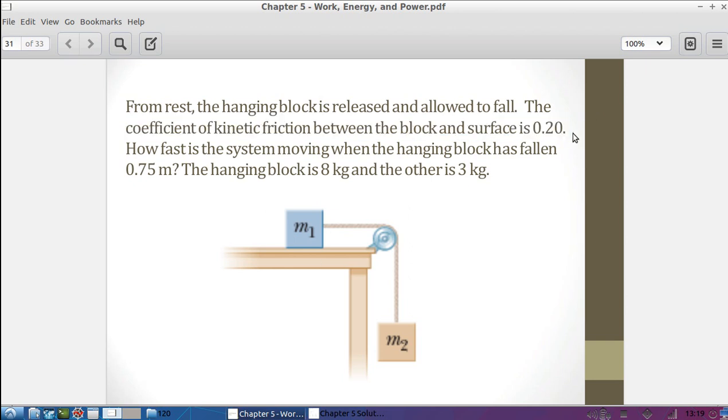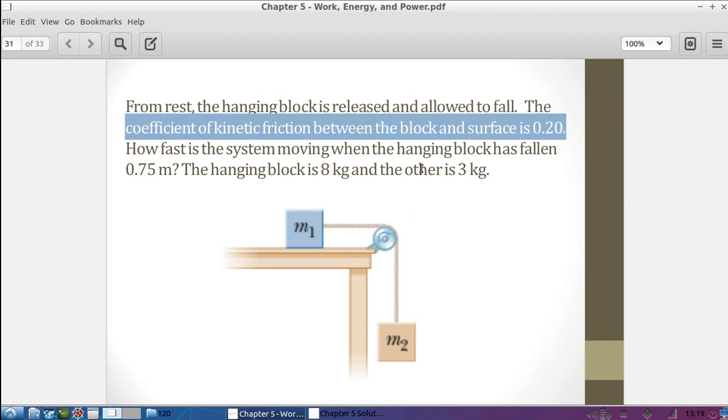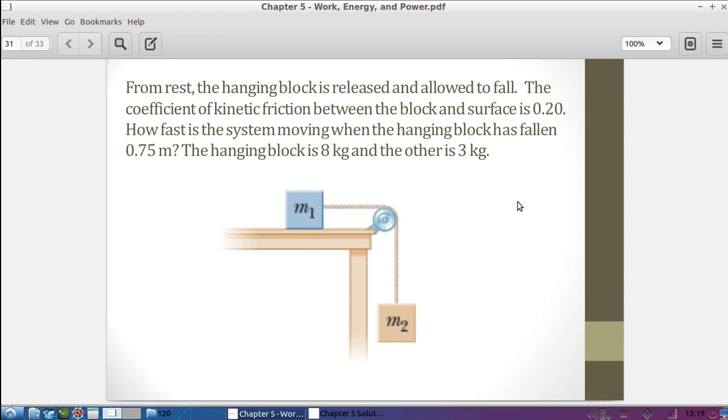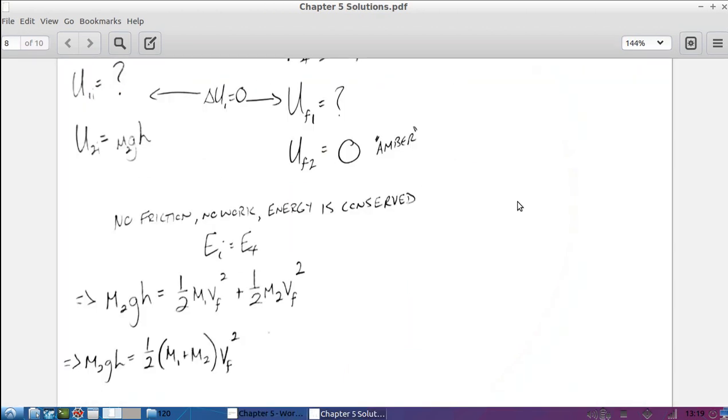What I'm going to do is ignore this friction for now and solve it as if the surface is frictionless. Then I'll go back and rework the problem and attach a new solution where we account for friction. So this first example, I'm going to neglect the friction, and then I'll go back and solve the problem with friction.